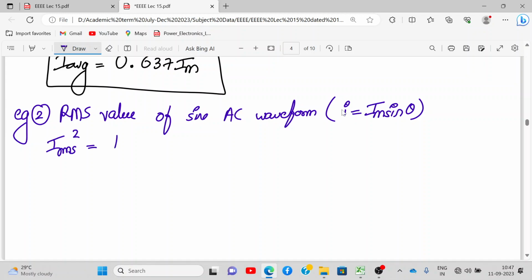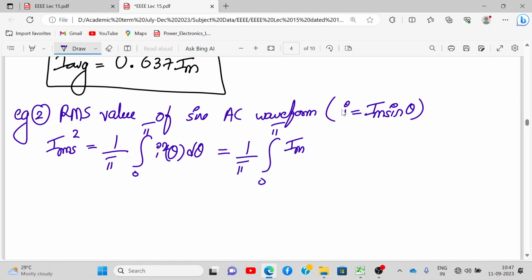I RMS square will be, again right now we use that same technique. What technique? We find it over the half cycle. So 0 to pi, i square d theta. It will be 1 upon pi, 0 to pi, Im square sin square theta.